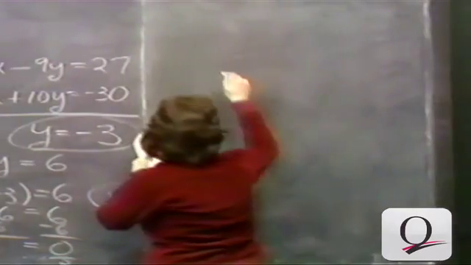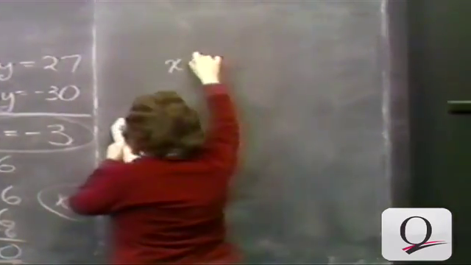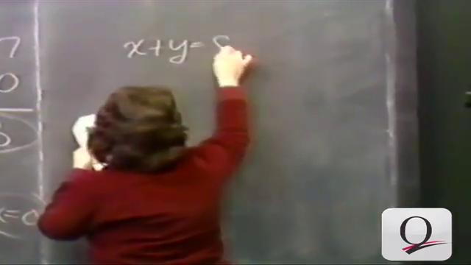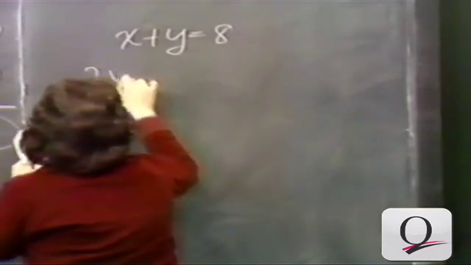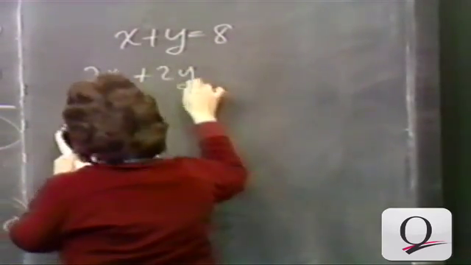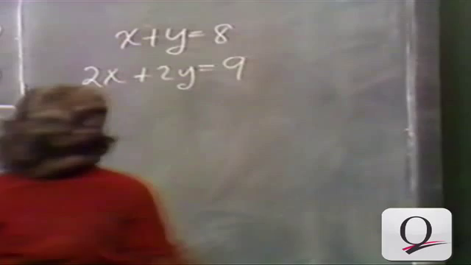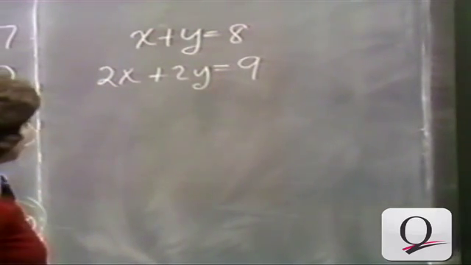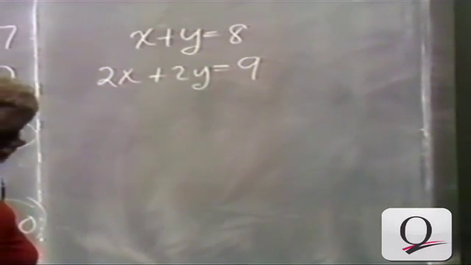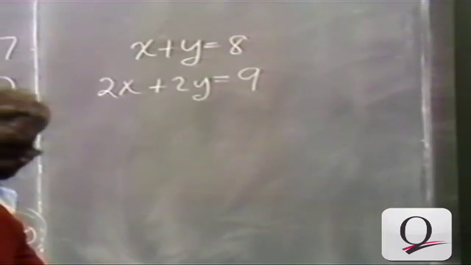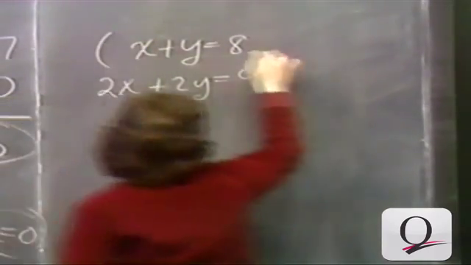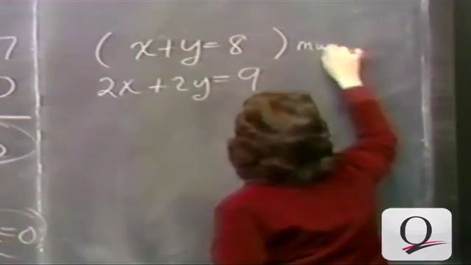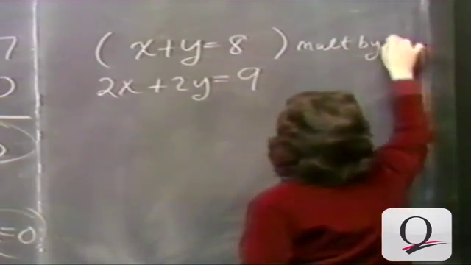Let's work out this problem. We want to try to solve simultaneously x plus y equals 8 and 2x plus 2y equals 9. We would proceed exactly in the same fashion. In this particular problem, it's enough to work on the top equation.